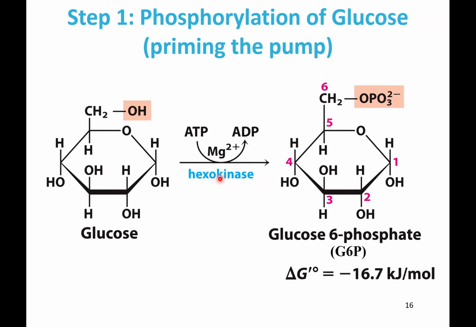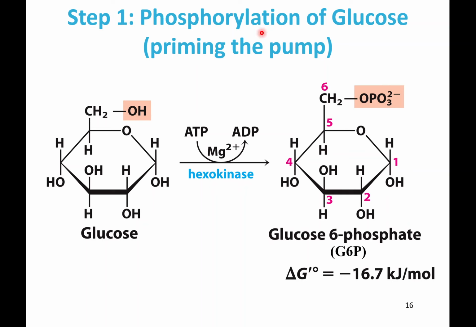So kinases transfer phosphate groups, and hexo is indicating we're doing this to a 6-carbon sugar. That name tells you what the enzyme's doing. If you remember just the name of the enzyme, you'd be able to remember what's happening here: glucose is getting a phosphate added to it. And it's doing that at carbon 6, where the alcohol group on that carbon is being replaced by a phosphate.